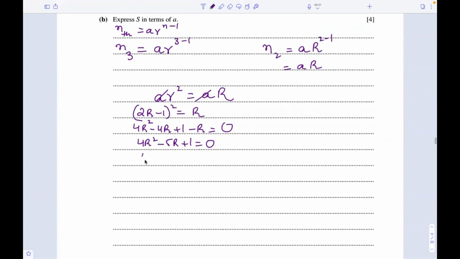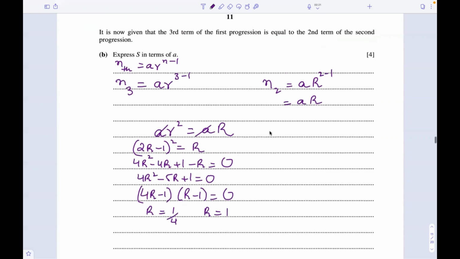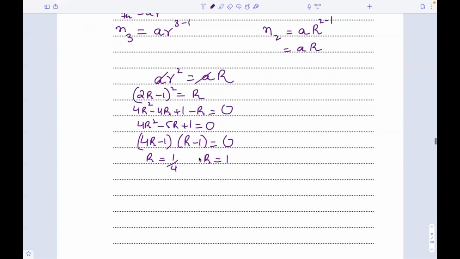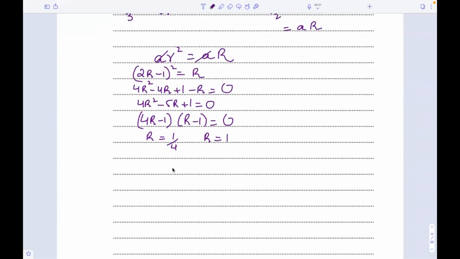Solving this, we get (4R minus 1)(R minus 1) equals 0. So R equals 1 upon 4 and R equals 1. Now R cannot be equal to 1, since if R is equal to 1, there will be no progression, it will remain as it is. So we'll be taking R equals 1 upon 4.